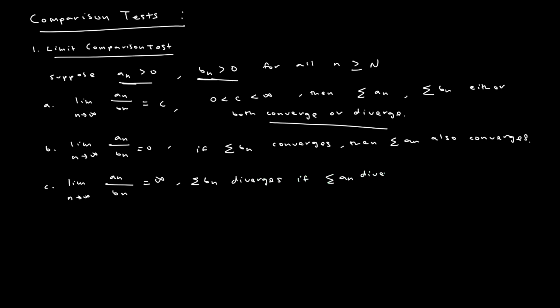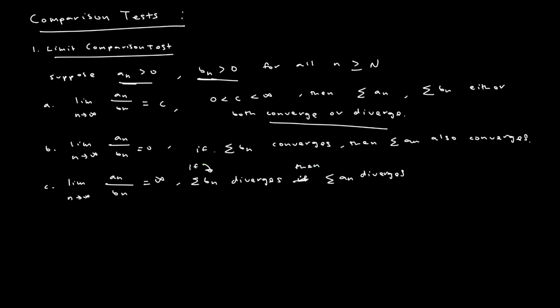And the intuition for all these is very similar to the ones for the integral. In this case b of n always takes on smaller values than a of n, and so if a function that takes on bigger values will diverge, then necessarily, sorry, I messed this up. If the series determined by b of n diverges, then the series determined by a of n diverges.